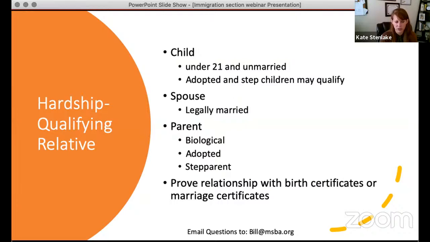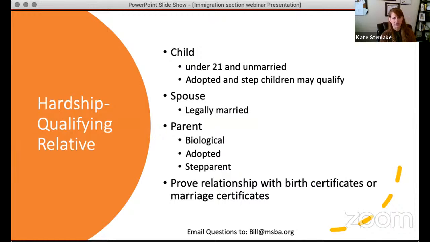Spouse, pretty straightforward, but you have to make sure the person is actually legally married. In some cultures, actually getting that paper isn't something they feel they need to do. They have long-term partners and never get legally married. Make sure you see that marriage certificate to ensure that person actually qualifies as a spouse. Parents also count.